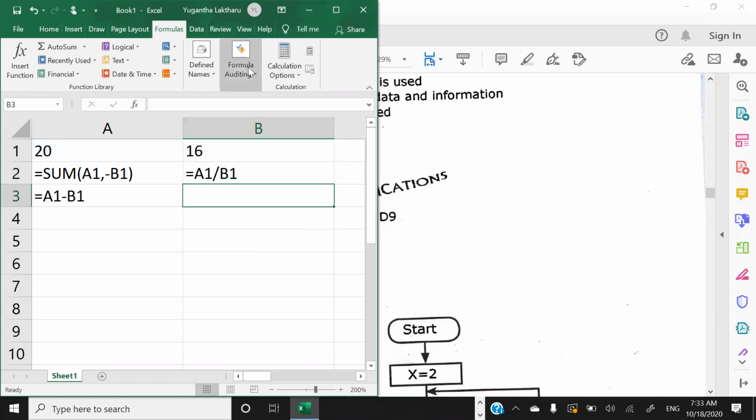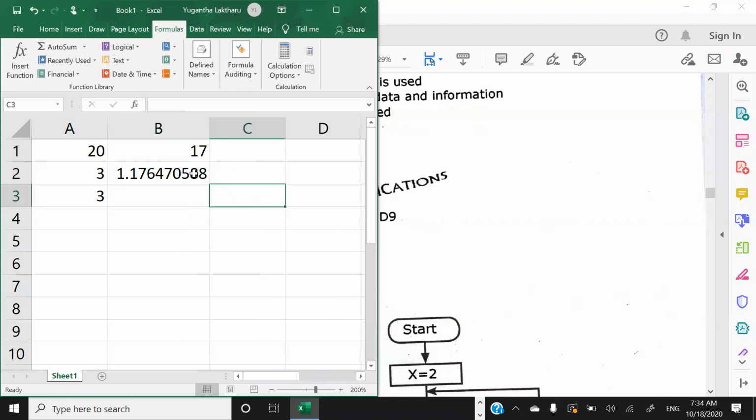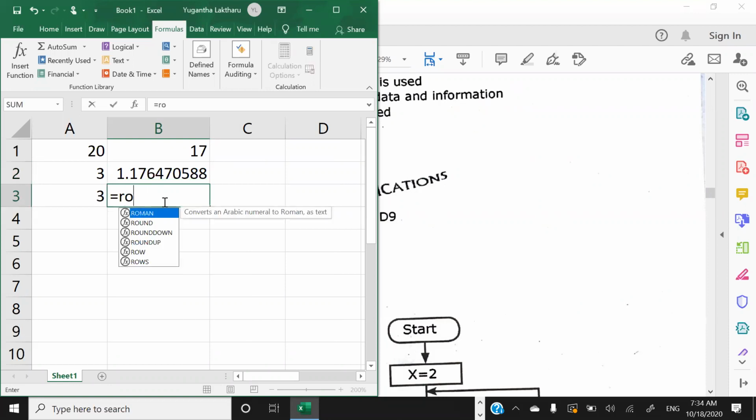Oh my god, yeah, it's been divided very well. Let's say 17. So my answer is going to be something like this. Now if I needed to round this to 2 decimal points, I can use the same formula inside the round function. So the round function is equal round.